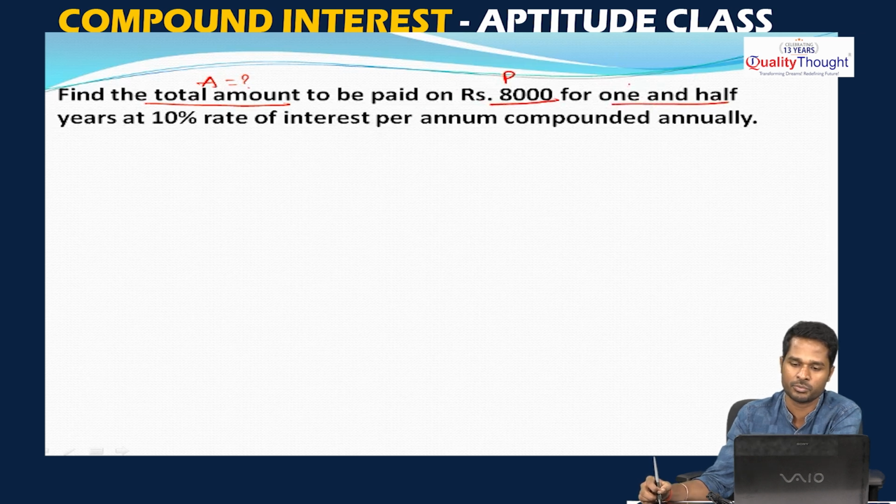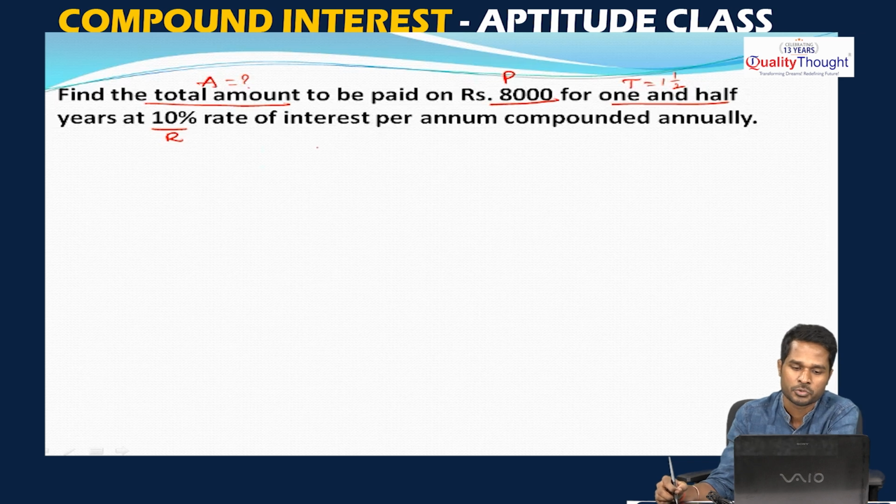So T value is 1.5 years and rate of interest per annum is 10%, compounded annually. So what is the total amount to be paid on this 8000 rupees?